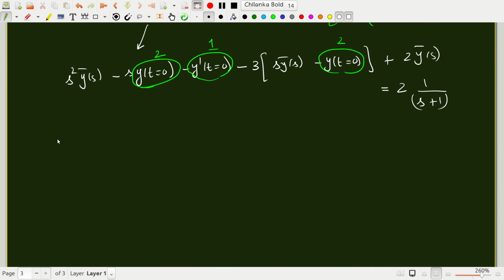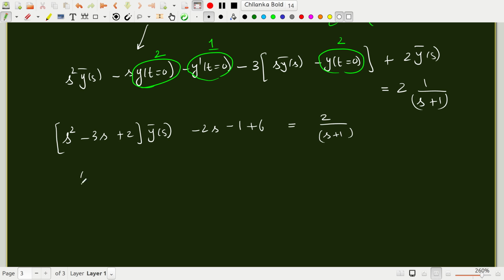Sorry, it should be s squared. Okay, this is s squared. I'm pulling out the coefficients of y bar of s: s squared minus 3s plus 2 times y bar of s, right? Now minus 2s, minus 1, and then this is simply minus 3 times minus 2, which is plus 6, is equal to 2 by s plus 1.